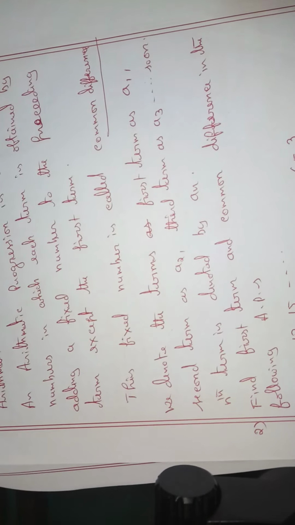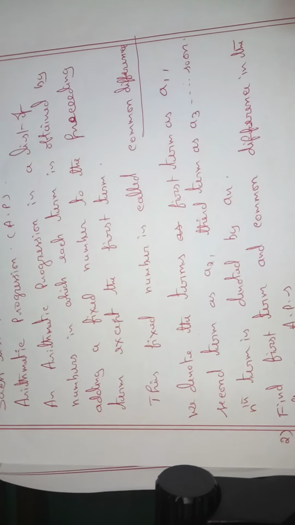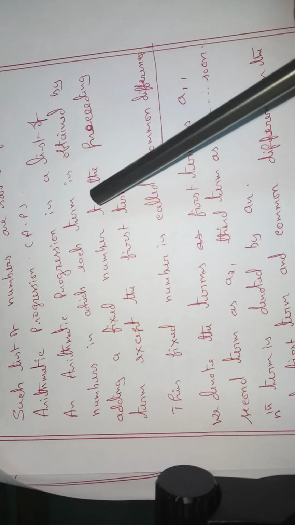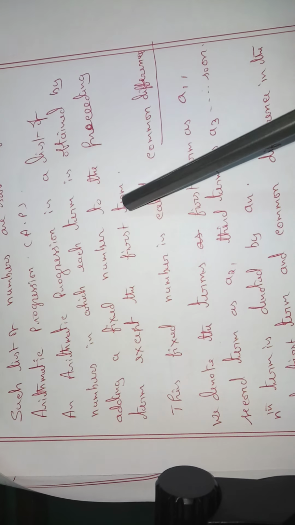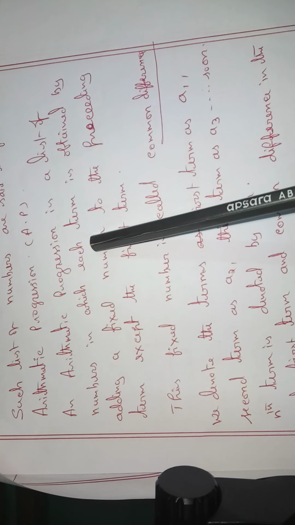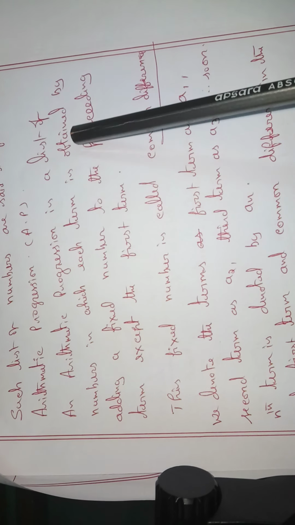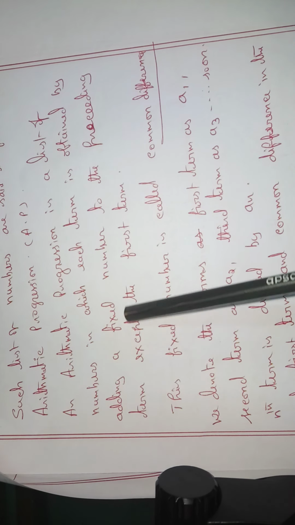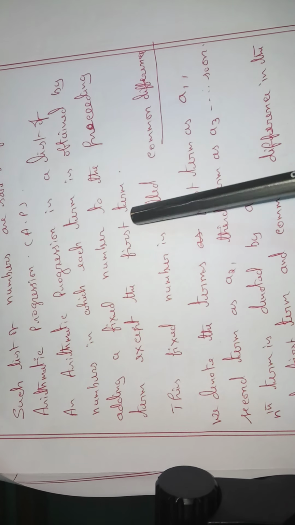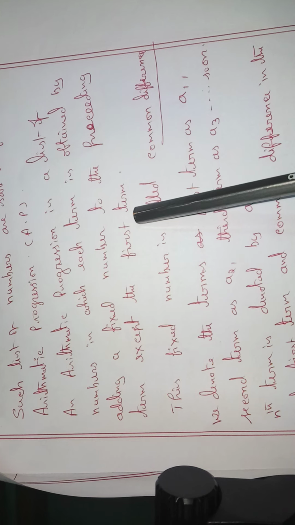Then we came to know about the definition of arithmetic progression. From sequence, we came to AP. Arithmetic progression is a list of numbers in which each term is obtained by adding a fixed number to the preceding term except for the first term.